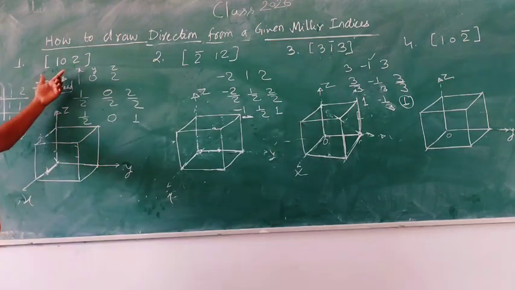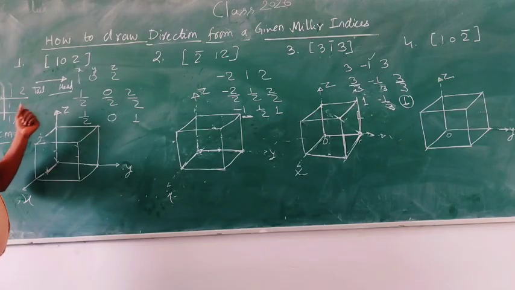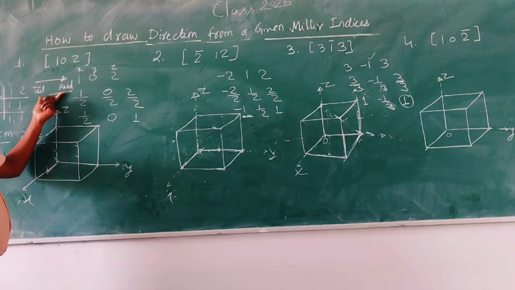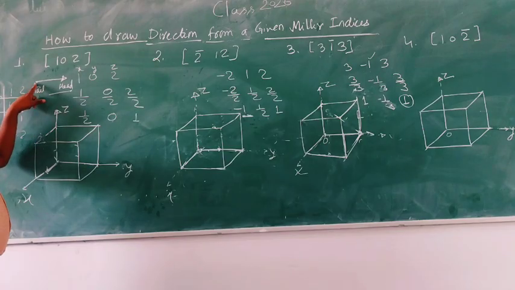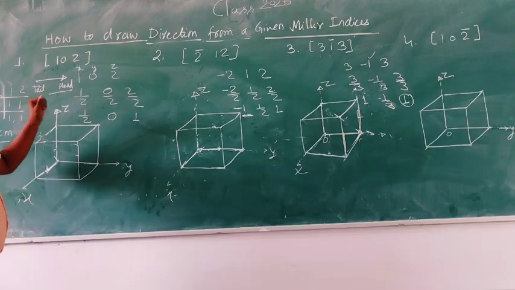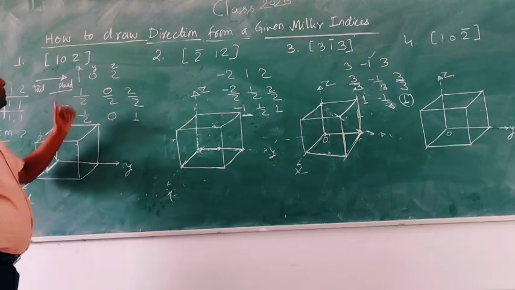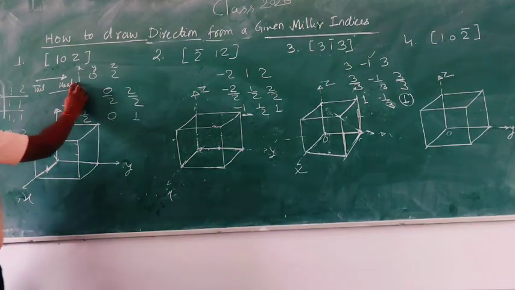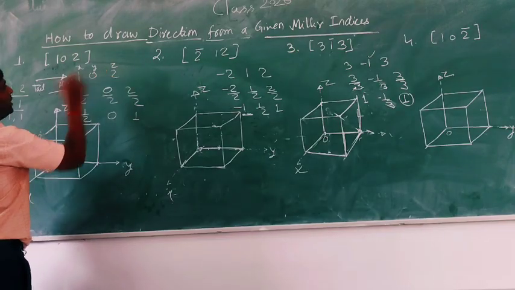In order to find the direction, first of all we find the coordinates. The vector coordinates are 1, 0, 2. Then we take the LCM of the non-zero Miller indices.